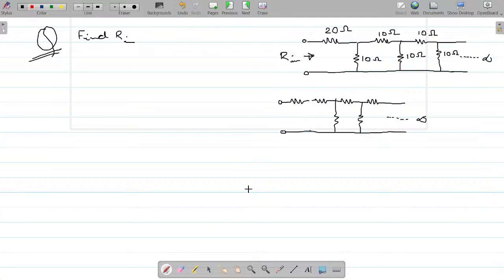I am redrawing this network like this. So in such a network, can you solve this question?